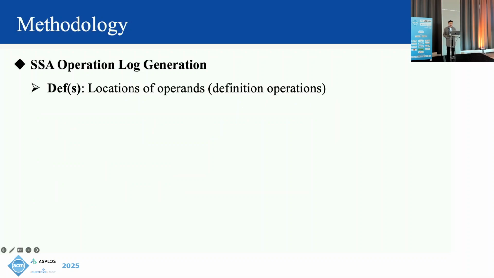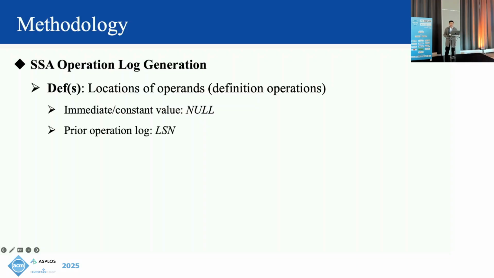And finally, the definition field, or def field, tracks the definition operations of each operand. It maintains where each input value comes from. Depending on the source of the operand, we handle it in different ways. If the operand is an immediate value or constant value, we simply record a null marker.